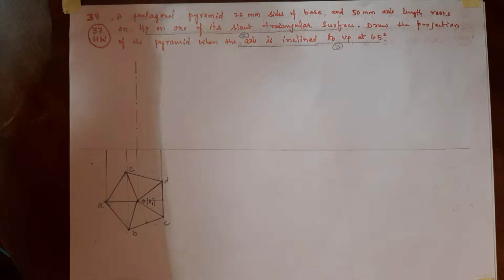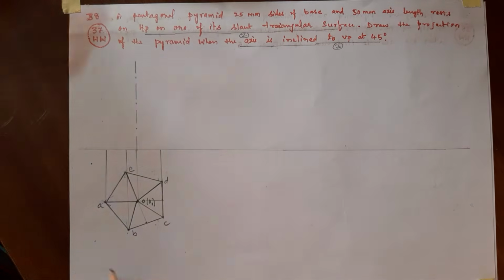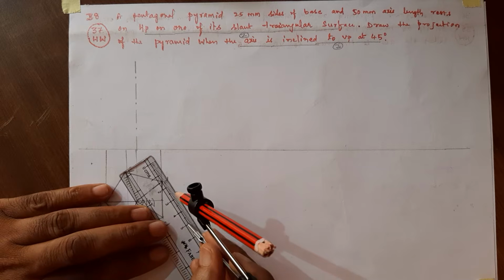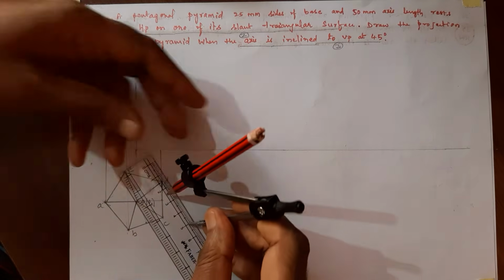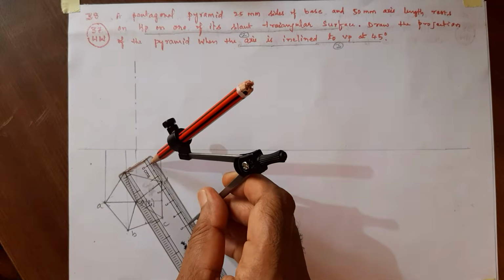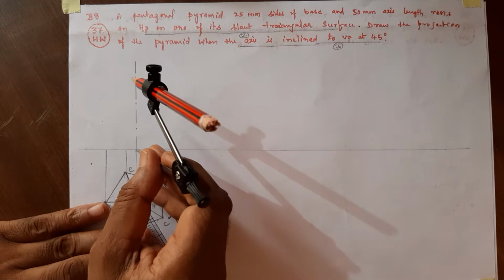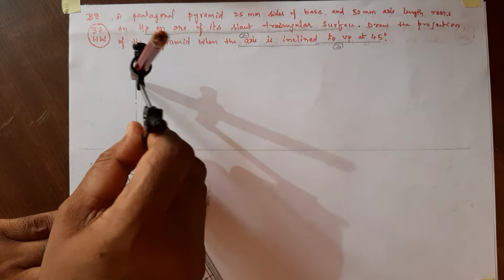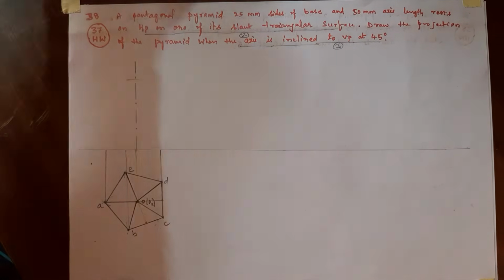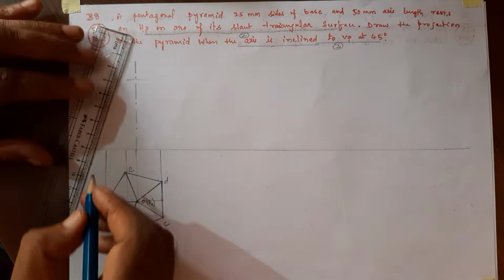Now take the compass. Axis length is 50 mm, so measure 50 mm. Cut from the center to the axis length. Okay. Join all the edges to the apex.